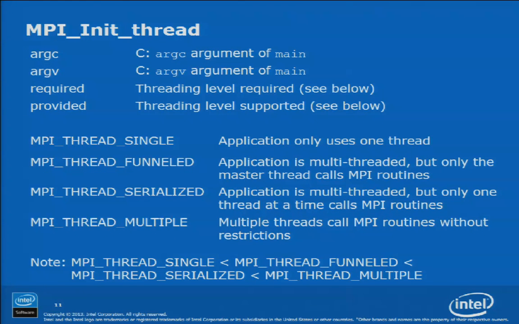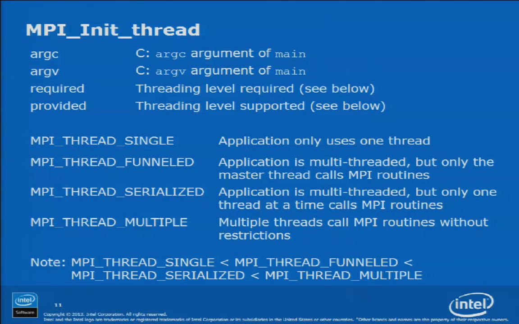And the levels that we support in MPI usually are thread single. That is, each MPI process just has a single thread. That's a typical multiple process single thread model. Then we have funneled. That means you have sections where the process runs parallel, but whenever it comes to MPI communication, only one thread communicates, and that's the master thread.